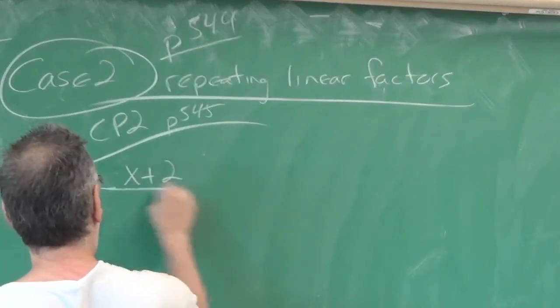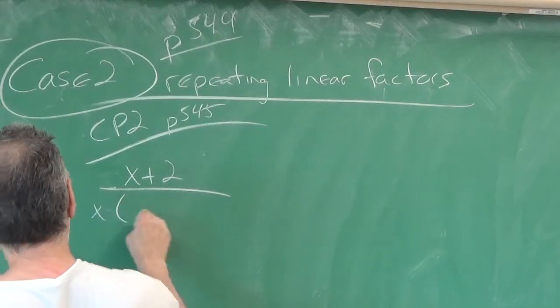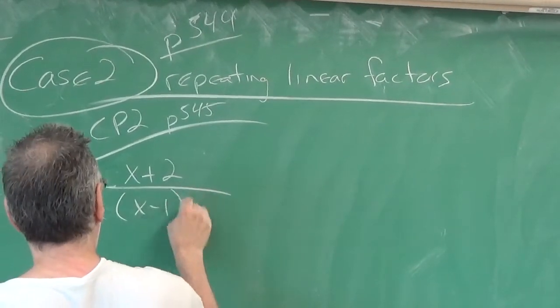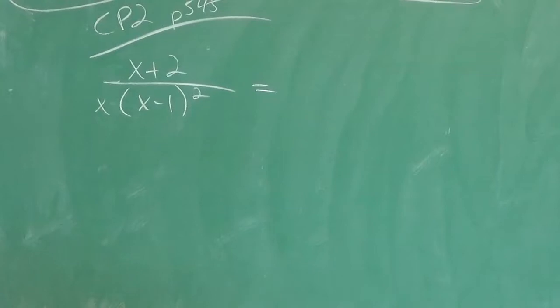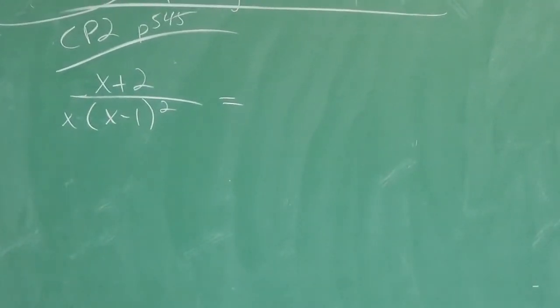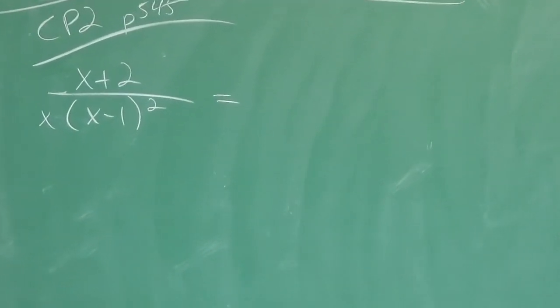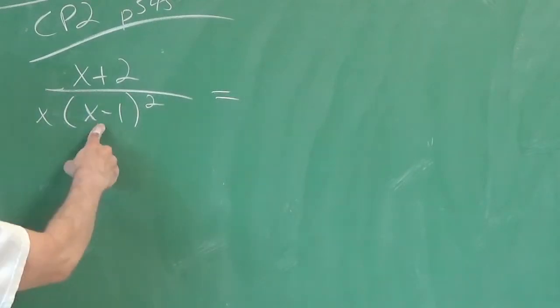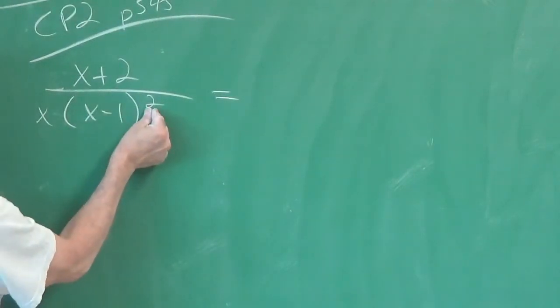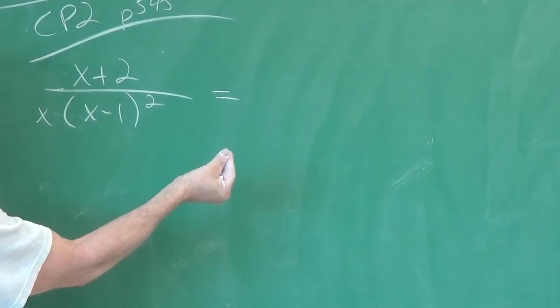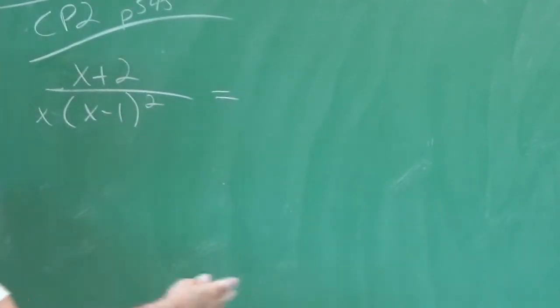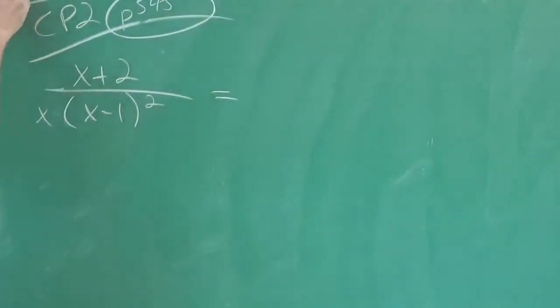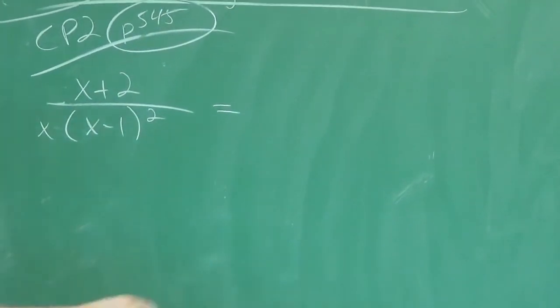You are given this fraction and asked to do the same thing we did last time, except as you can see on page 544, we get a fraction for each of the linear factors, and if they're raised to a power other than 1, like this x minus 1 to the first gets its own fraction on the right-hand side, and x minus 1 squared gets a fraction also. So you can see the difference between case 2 and case 1, how to set it up.